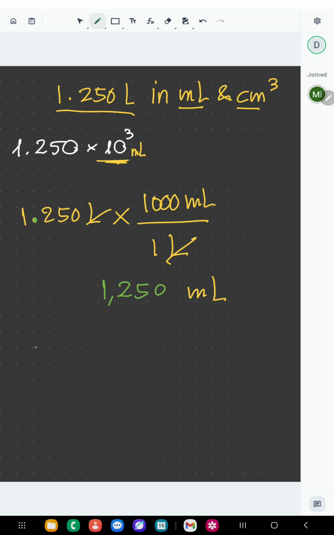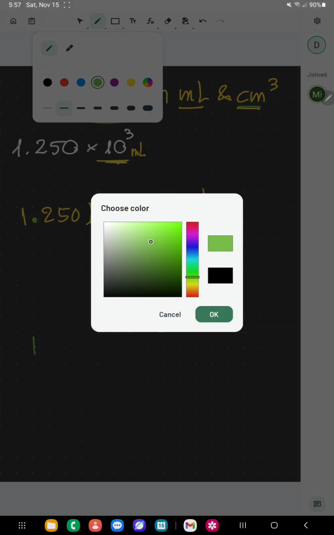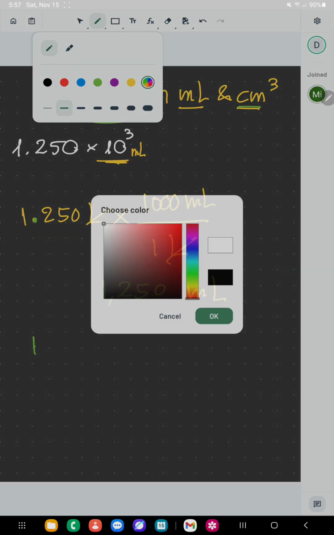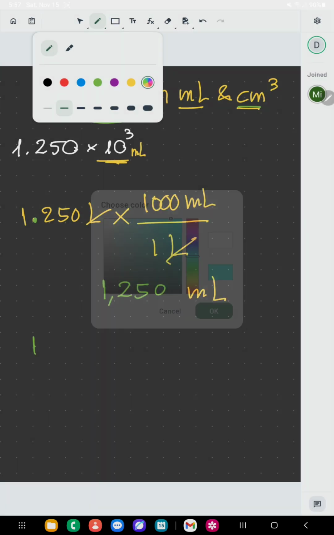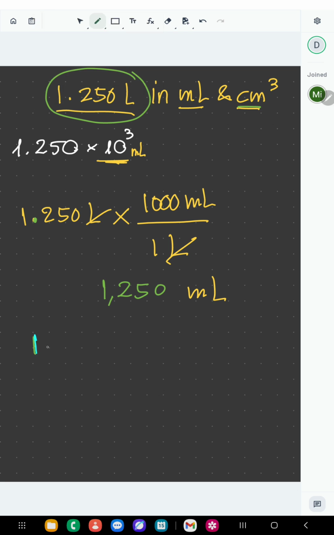Okay, and then when you convert that to, okay, can you convert that to cubic centimeters? This one, the 1.25 liter. This is how you're going to convert that. Let me change the color. Okay, so originally we're given 1.25 liters, right?